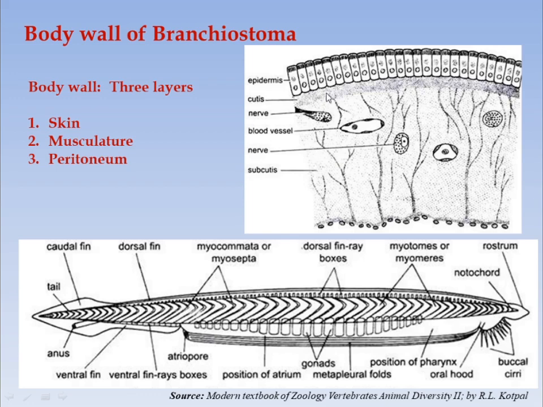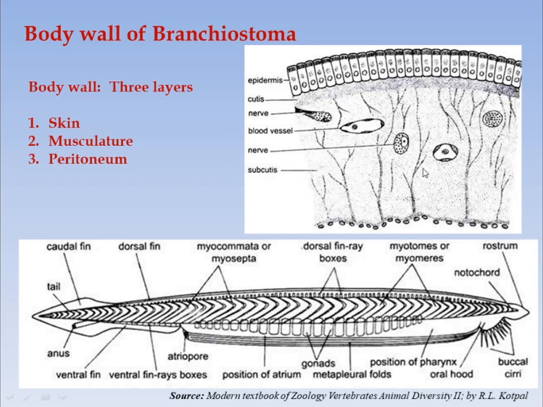Comparatively, the cutis is a small region, whereas the subcutis is a bigger region. So below the epidermis there is a layer called cutis, and below the cutis there is another spongy layer which is called subcutis.